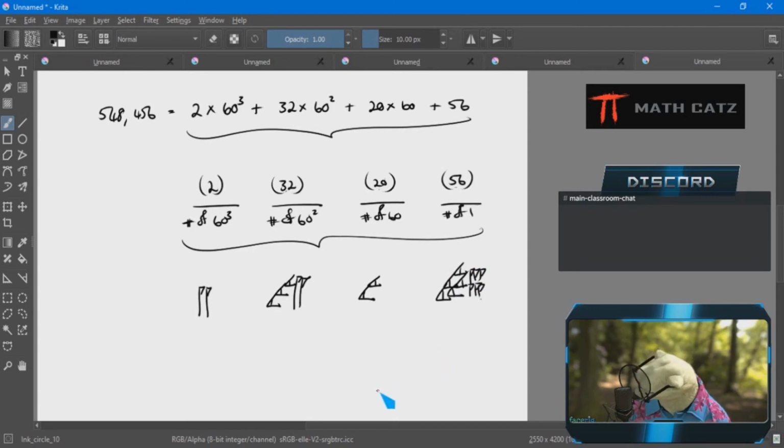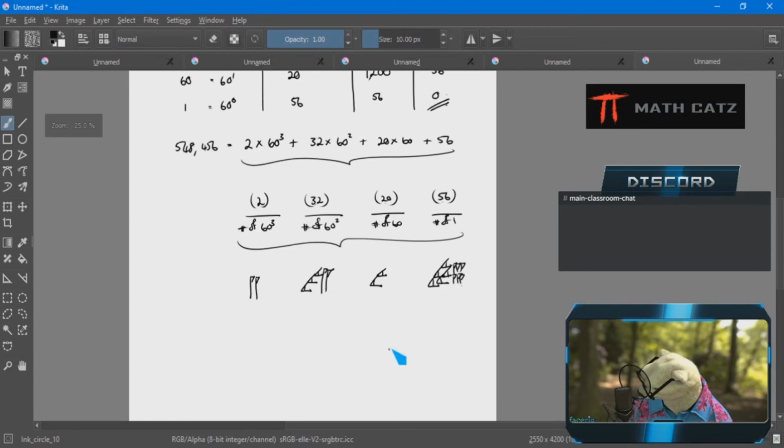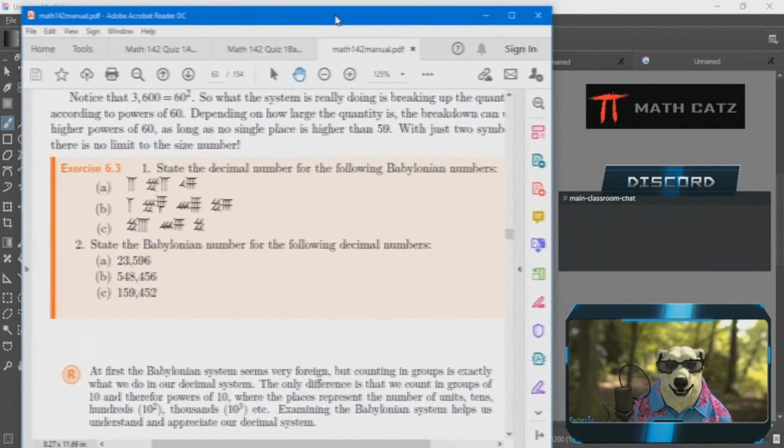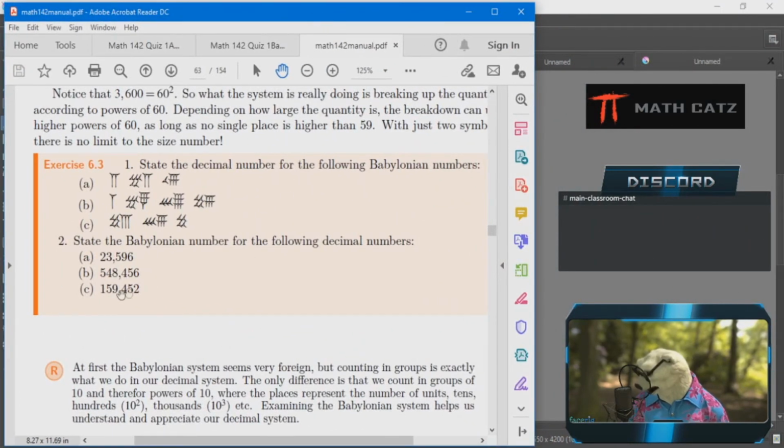It's a big question. Absolutely. Now, we're not going to make it super big, right? Yes, we can have more and more places, but we won't go past 60 cubed. There's no benefit in doing that. I'm also, in the interest of saving time, going to leave the last exercise because it's just more of the same. Feel free to practice this 159,452.